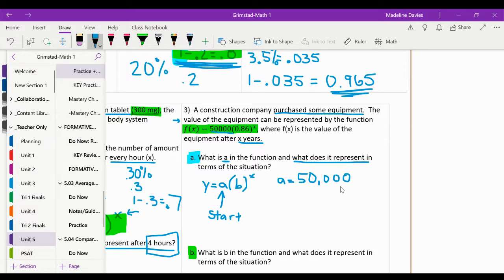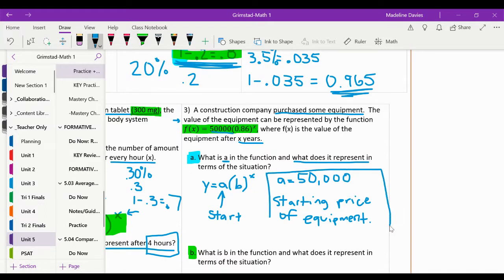If it's our starting value, maybe it's the starting price of equipment, because that's our starting value, and what is going to be changing in this situation.